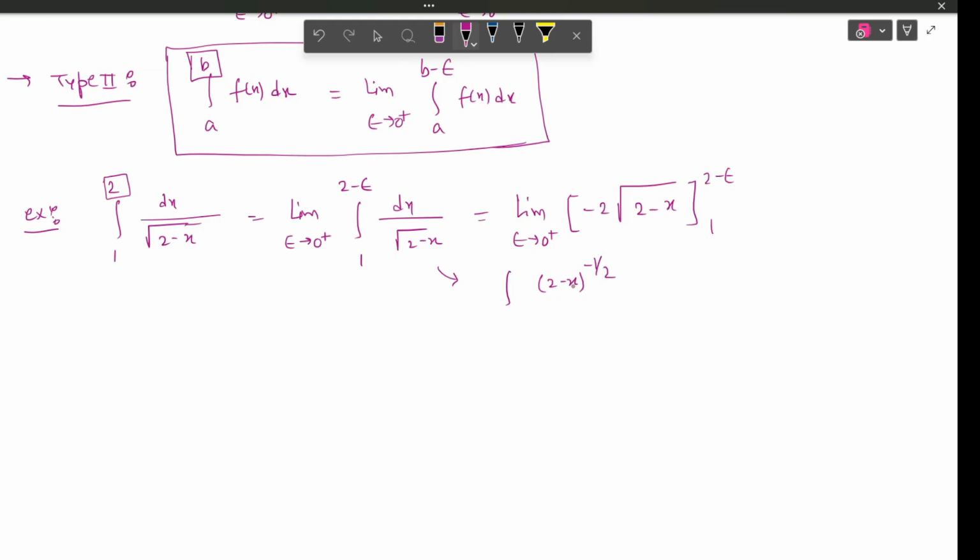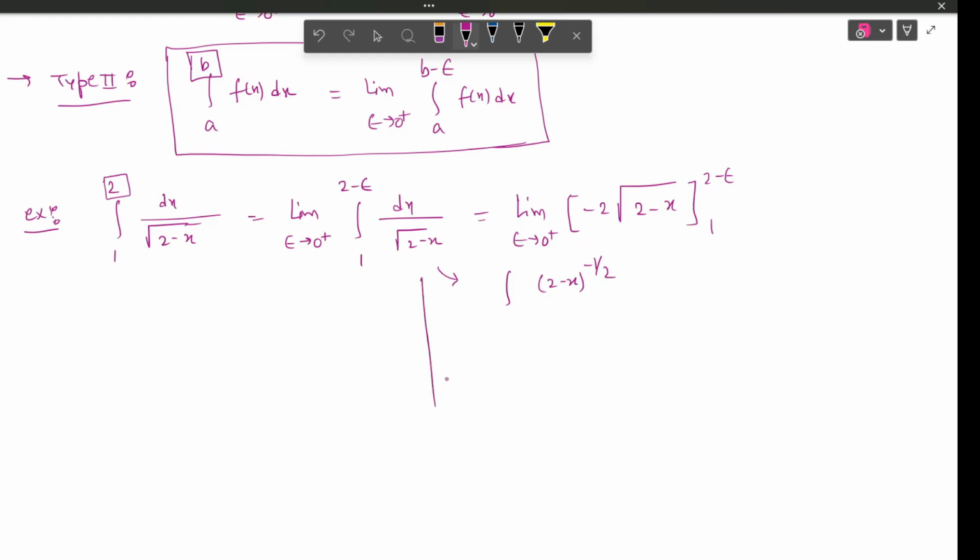As we have minus 1 with x, you have to divide by minus 1. If you have 2x here, then you have to divide by 2. If you have minus 4x here, then you have to divide by minus 4. Okay, that's how you have to remember this type of integration.